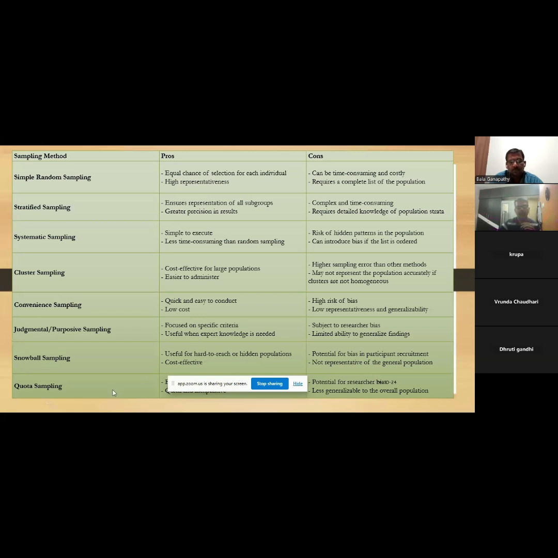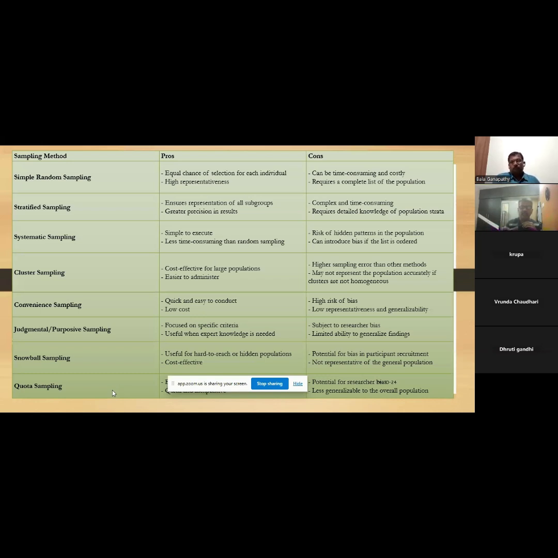Then quota sampling. It is the same as stratified sampling, but it is mostly used in qualitative research. Quota sampling means, for example, when they predict who will win the election, they cannot simply ask some 100,000 people randomly, because the results are going to fail, since voting involves a lot of things. There are different layers of people, different characteristics, different attributes.